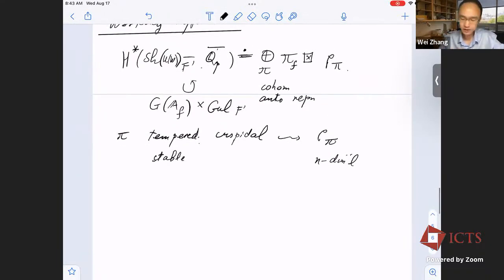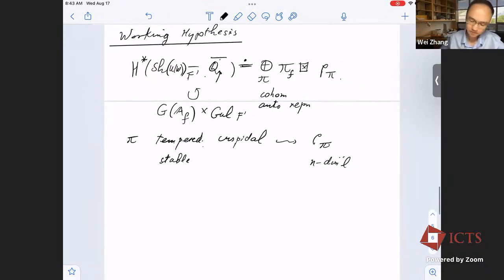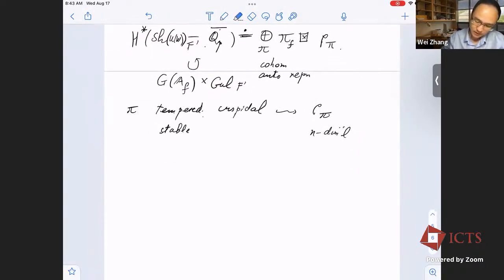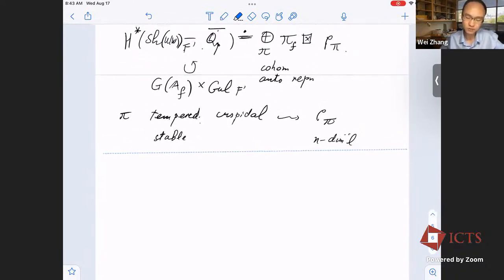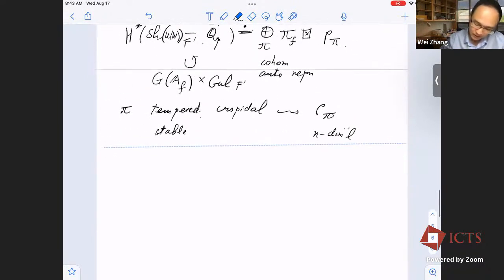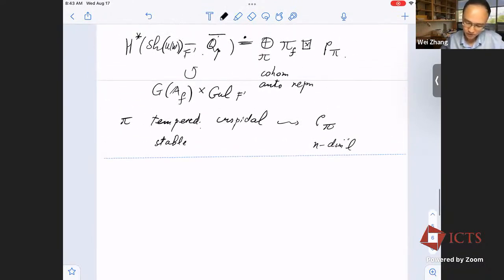Then when I take the product, you really have two factors. This might not be known in this generality, but at least if you impose some local conditions, you do have such a decomposition of the cohomology of the Shimura variety. So we assume this.